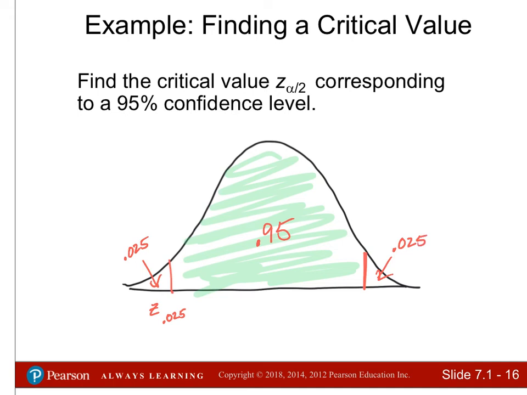So what are they? I would look in my table. I would say, oh, look, there's an area of 0.025 right here to the left of that boundary. So I would look in my table and look up 0.025.